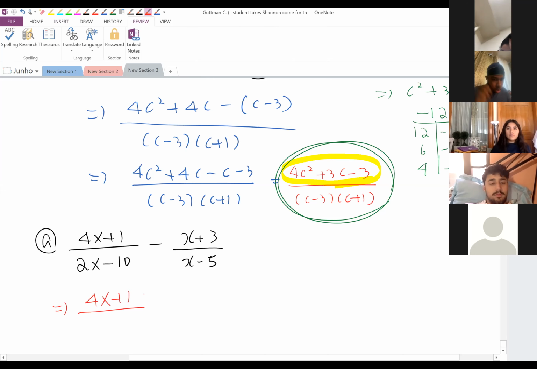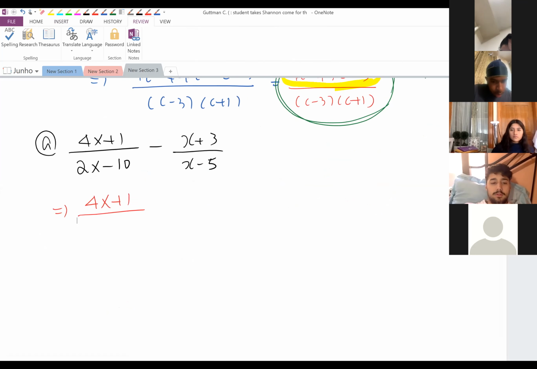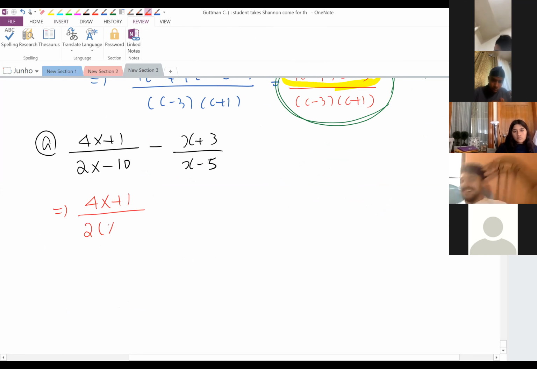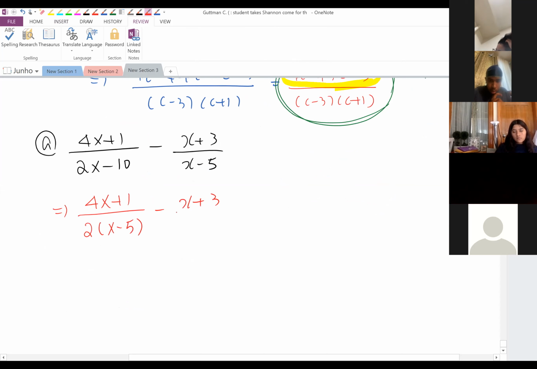But denominator, what will be the common factor? What's the common factor between 2x and 10? 2. 2, right? So then x minus 5 and x plus 3 and x minus 5 here.